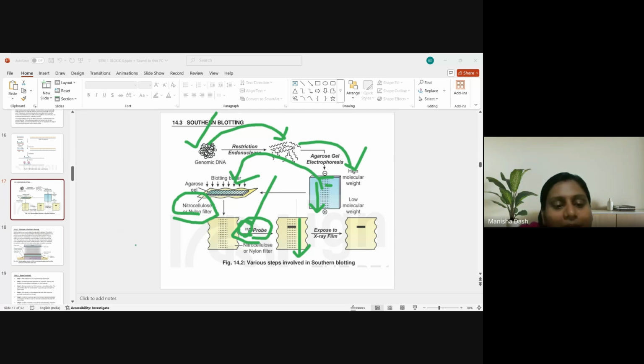And when you carry out the autoradiogram, or expose this to the X-ray film, only this part you can see is illuminated, or will glow like that. Okay, so you get to know that this segment of your DNA contains the gene of your interest. So this technique is called southern blotting. Did you understand this part or not?